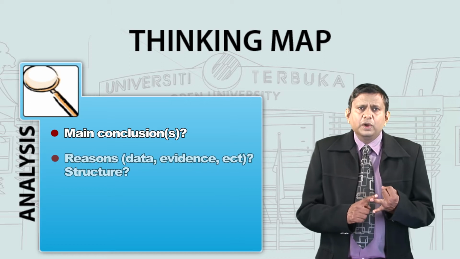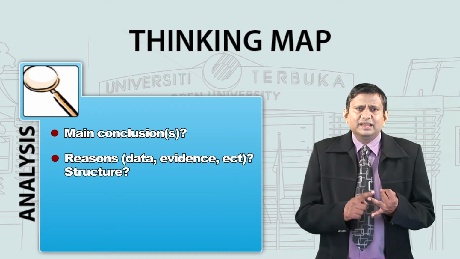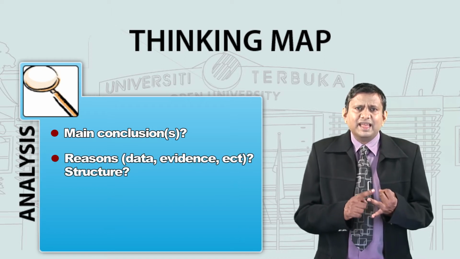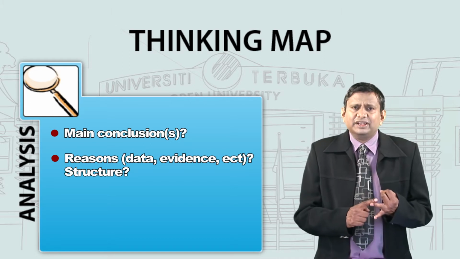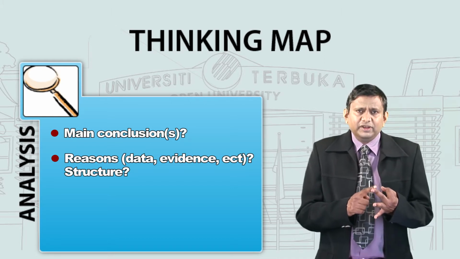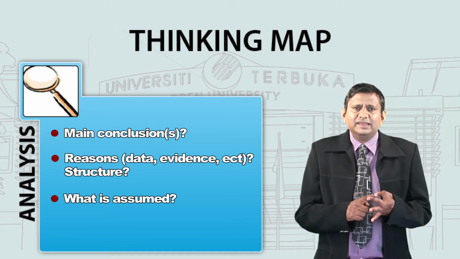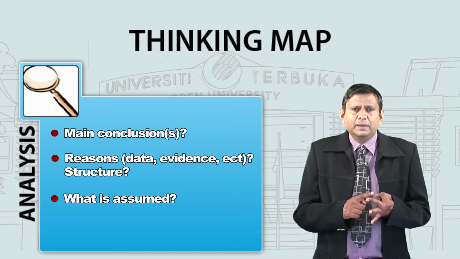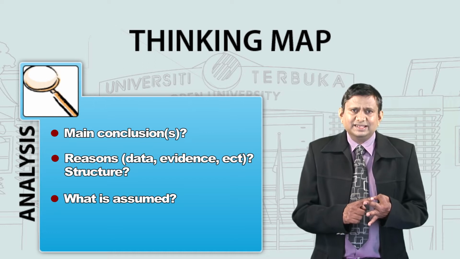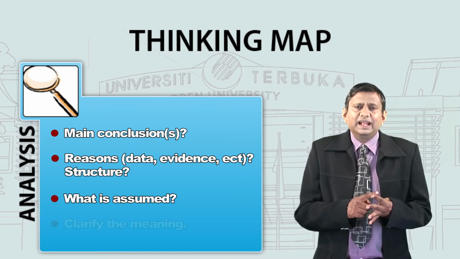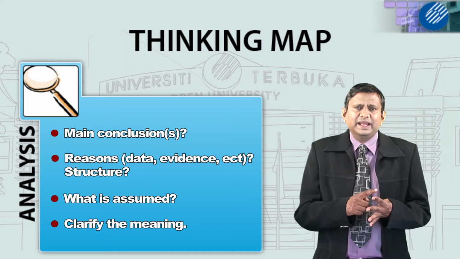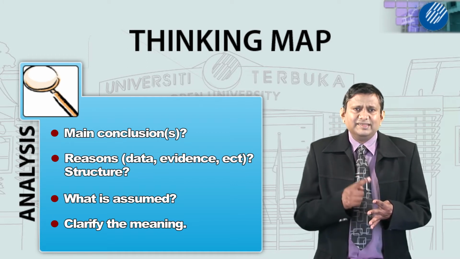Number 2, what are the reasons, data, evidence, etc., and their structure? Number 3, what is assumed, that is, implicit or taken for granted, perhaps in the context? Number 4, clarify the meaning of the terms, claims, or argument, which needs it.